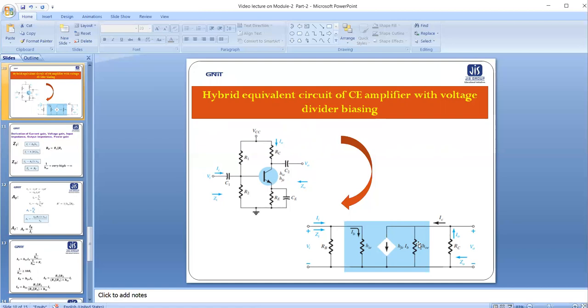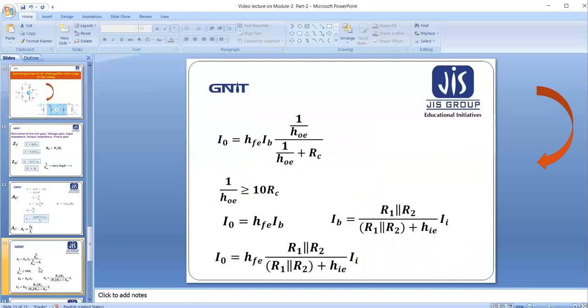One is through this 1 by HOE path. Another is the RC path. The current in the RC path is nothing but the I naught. So I naught can be represented by the current divider rule as HFE into IB into 1 by HOE by 1 by HOE plus RC, because in the current divider rule, the opposite resistance is taken into consideration.